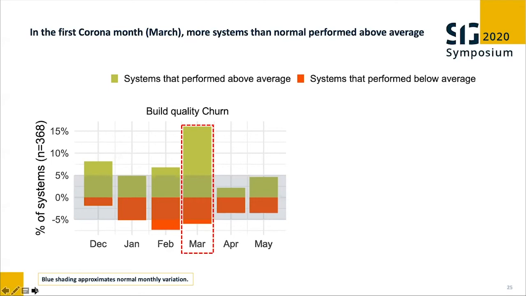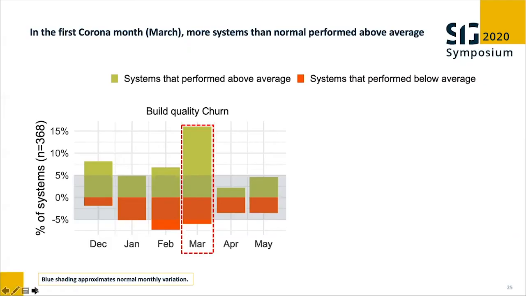And this is about 15%, where about 5% is a normal variation you can expect in a month. So that pops out. You could say, in that month at least, more quality was being added than we thought. In the months April and May, however, everything is squarely in between the statistical bounds and back to normal.